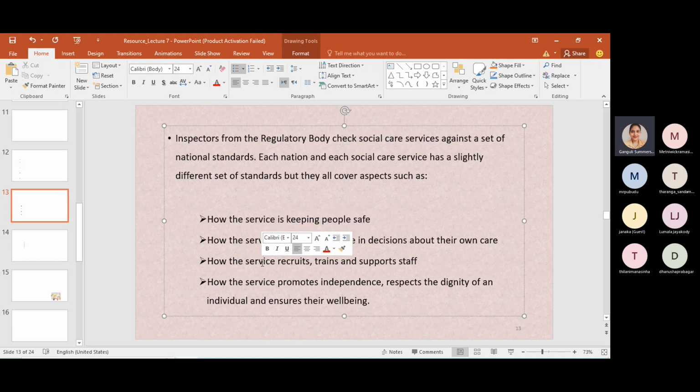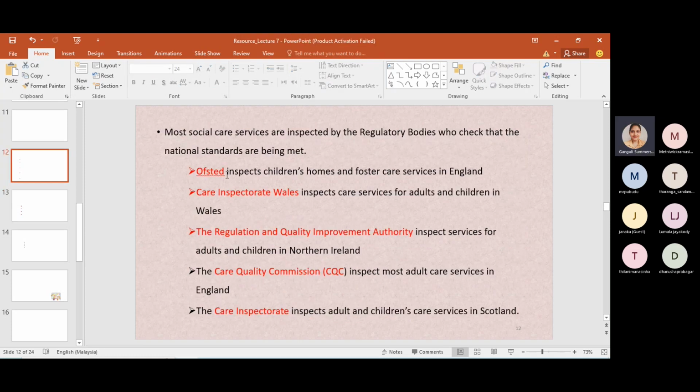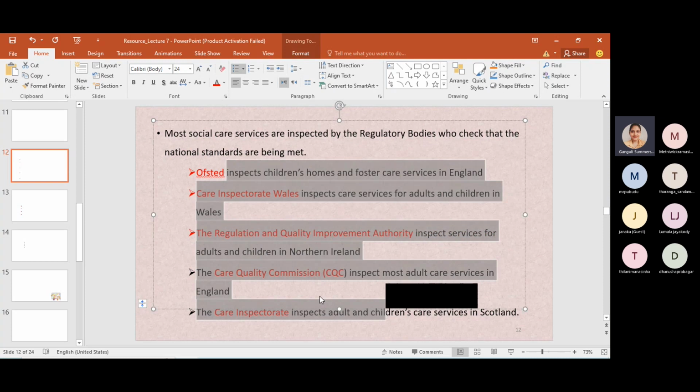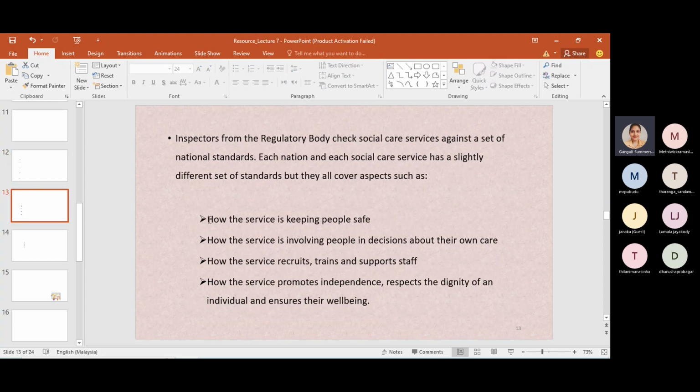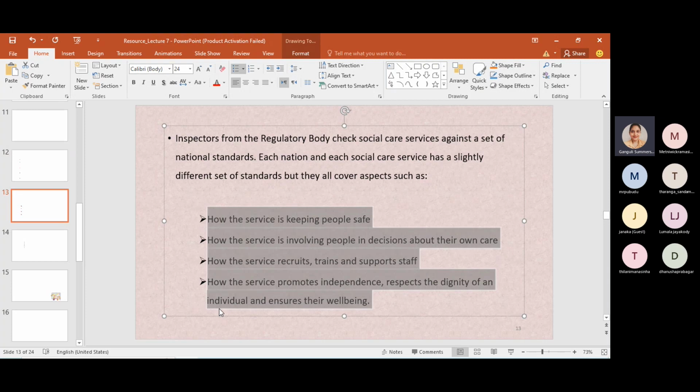The regulators will also see how the company recruits, trains and supports their staff. And they will also check how the service promotes independence, respects the dignity of an individual and ensures their well-being. So in the process of regulation, when inspecting professionals and companies, these regulators will pay attention to these areas.